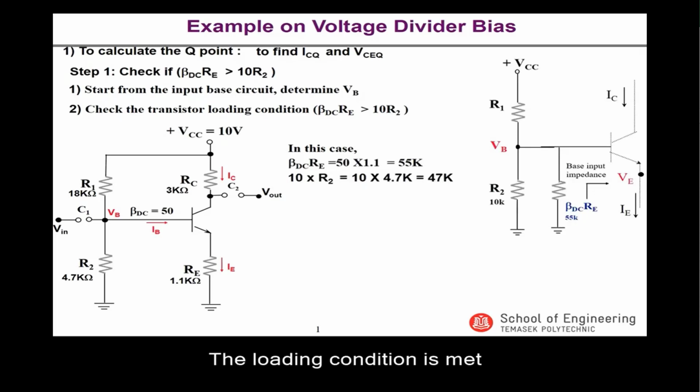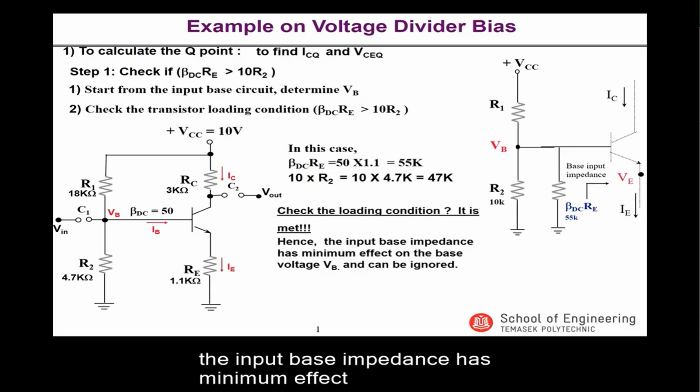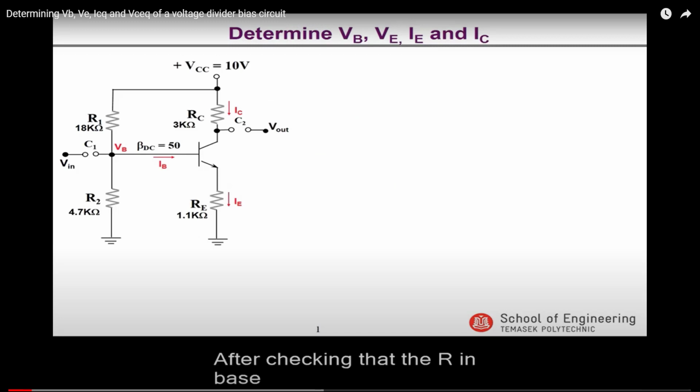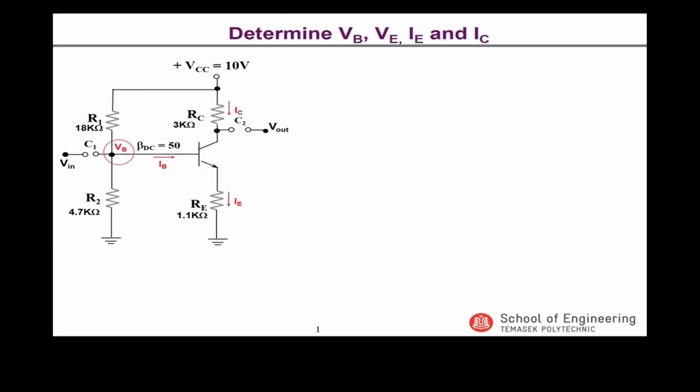The loading condition is met and hence the input base impedance has minimum effect on the base voltage VB and can thus be ignored. After checking that Rin base is greater than 10 times R2, we proceed to determine the voltage value of VB, the base voltage of the transistor, in step 2.